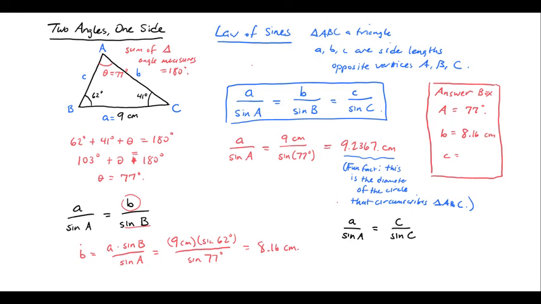Again, I can just use two of those at a time. It's perfectly fine. They're all equal. And then C is going to be A times the sine of angle C, over sine of A. And that's going to be 9 centimeters times the sine of 41 degrees over the sine of 77 degrees. Again, let's ask our calculator for help. 9 times sine 41 degrees over sine of 77 degrees.